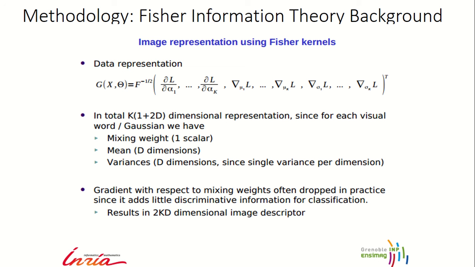So for a Gaussian mixture model, the length would be k plus k multiplied by d plus k multiplied by d. The first k is equal to the number of mixing weights. kd is equal to the number of elements in mean vectors, if we assume that the vectors are in d-dimensional space, and the other kd is the number of variances. Here we assume that the covariance matrices have diagonal form.